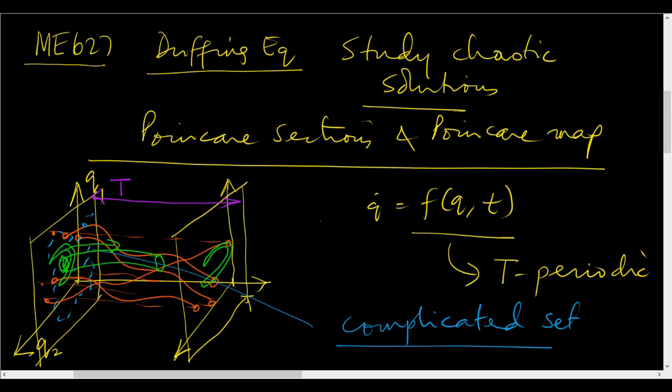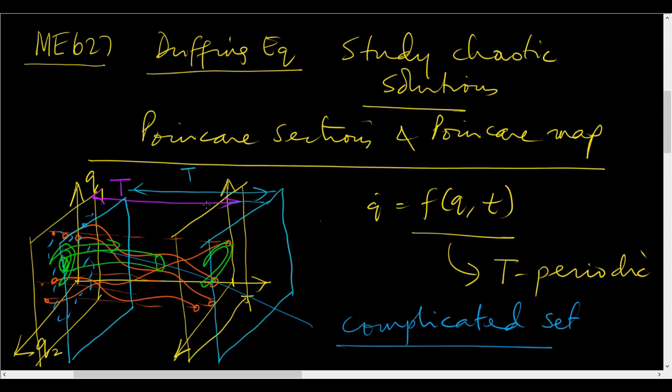I could take maybe a section here and move it forward T to another plane here, and then over here I would get a slightly different set of points. Okay, so if you think of all those trajectories, think of the orange lines, think of millions of them going forward.